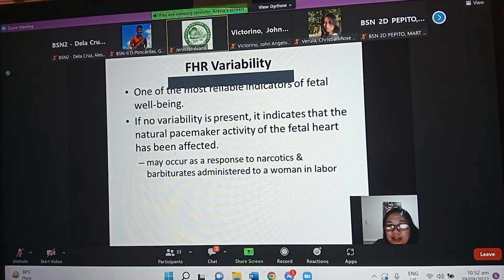In other words, the variability is absent, meaning the natural pacemaker, or the sinoatrial node, is affected, which may occur as a response to narcotics and barbiturates administered to a woman in labor.